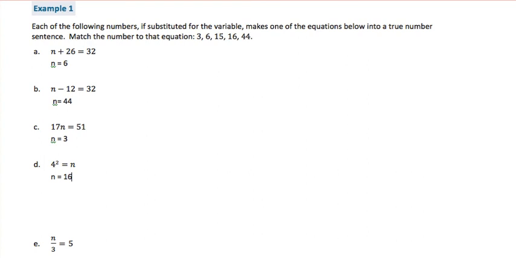So n is equal to 16. And then in our last problem, we only have one number left, but n divided by 3, 15 divided by 3 is equal to 5.